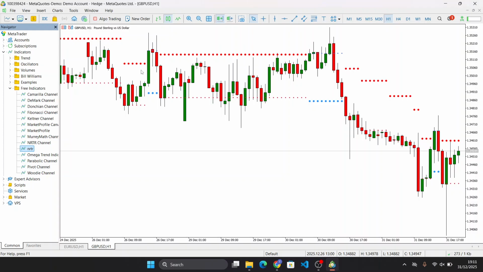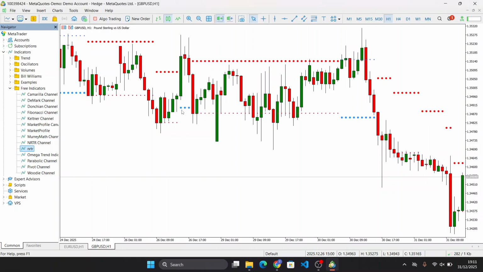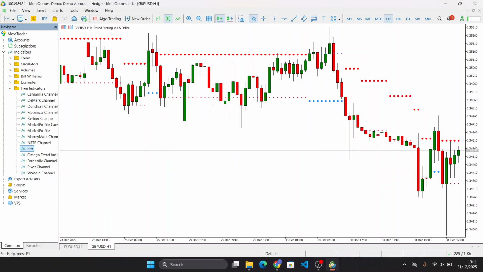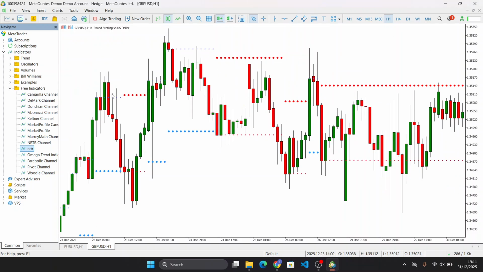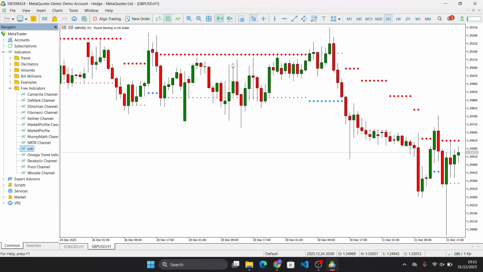On the chart, the NRTR plots a single line that moves step by step with price, as you can see on the chart, either trailing below an up move or above a down move. As long as price stays on one side of the line, the indicator is reflecting the current trend direction.